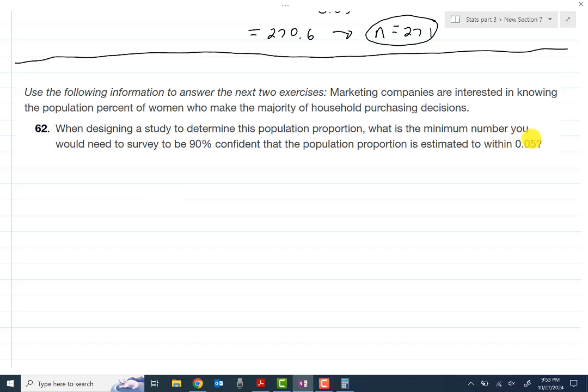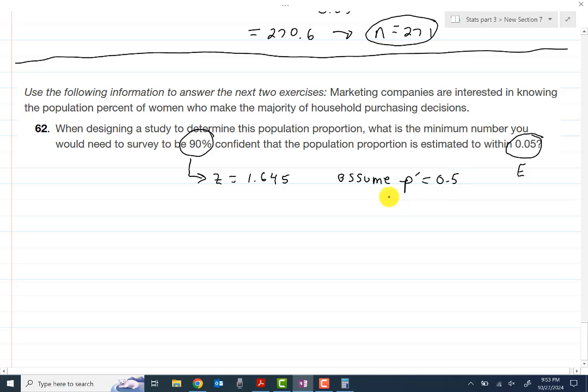So once again, this right here, 0.05 is our error. 90%, we just did one in the last problem that did that. Z is going to equal 1.645. And then nowhere is P prime given, so we're going to assume that P prime equals 0.5 since it's not listed. That means that 1 minus P prime is also equal to 0.5.